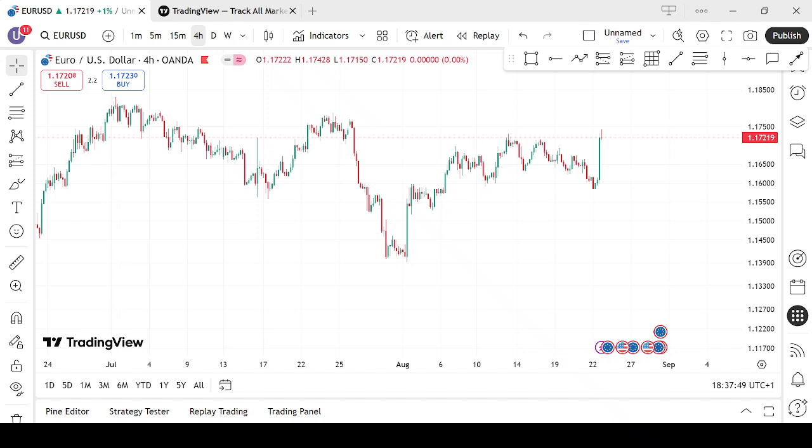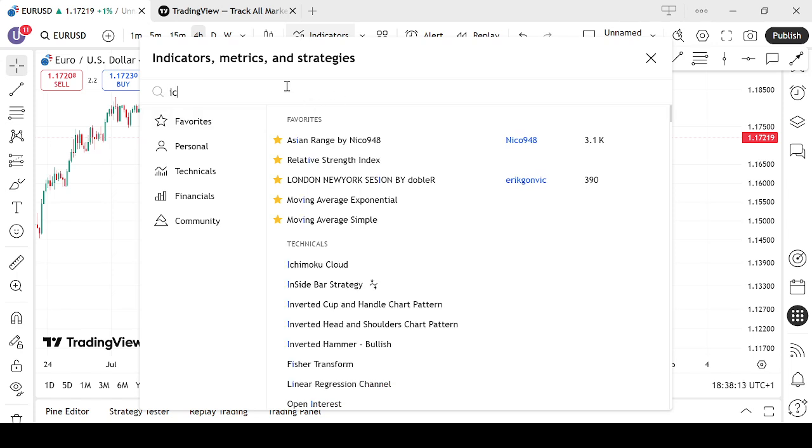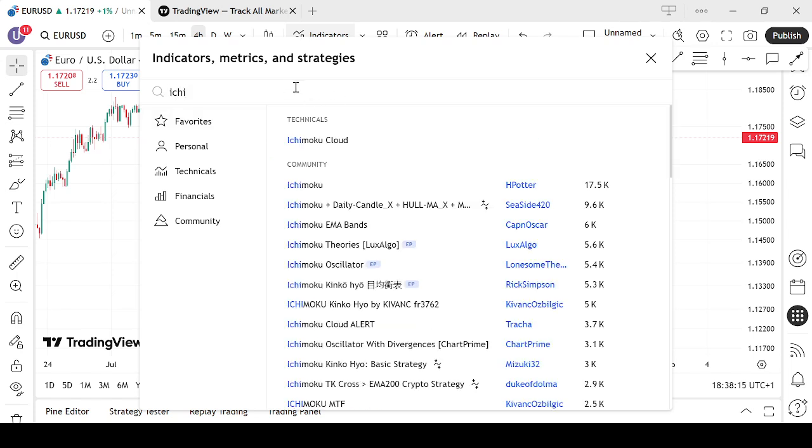Now the indicator consists of 5 key components, which are the Tenkan Sen, the Kijun Sen, the Chikou span, the Senkou span A and the Senkou span B. This is the indicator on the screen, Ichimoku.